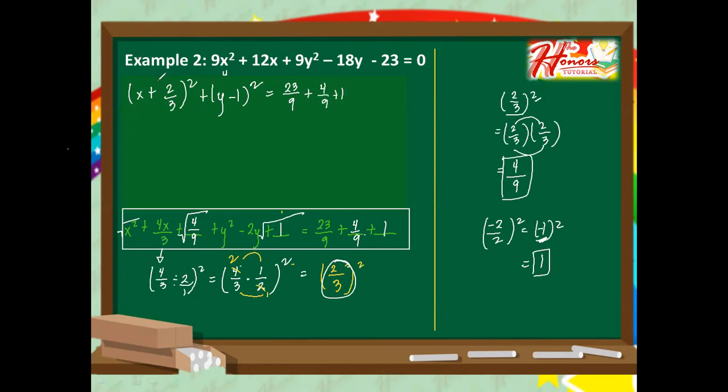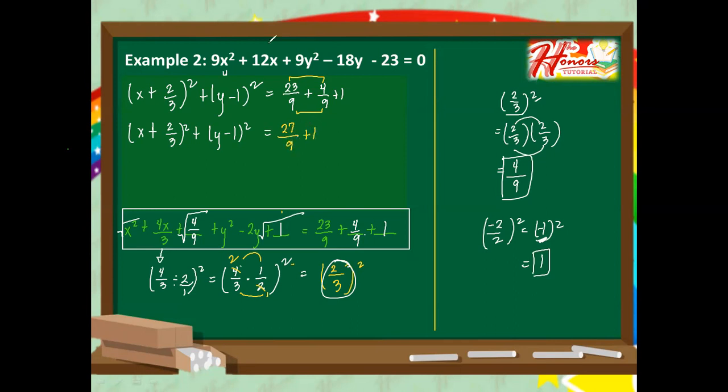And then for the left side of your equation, just copy the quantity of x plus 2 over 3 squared plus the quantity of y minus 1 squared. Since as you can see here, we have similar fractions, meaning they have the same denominator. So therefore, we can just simply add the numerators. So 23 plus 4, that is 27 over 9 plus 1.